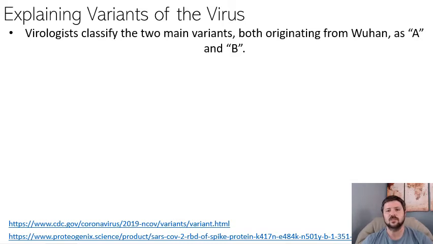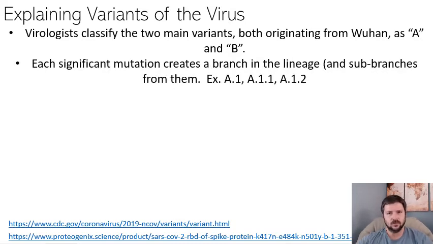Anyway, the two main variants we went for, both of them came from Wuhan late 2019, early 2020. Variant A and variant B were kind of two major subtypes of this virus. Every significant mutation that produces a significant change in the infectivity, in any major quality of the virus, gets its own separate branch and lineage ultimately.